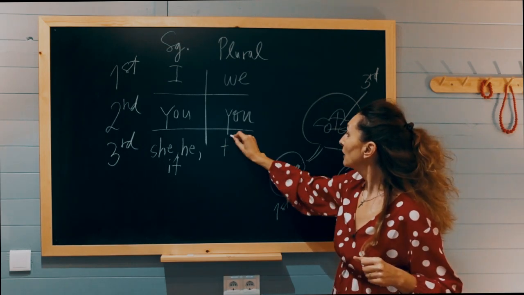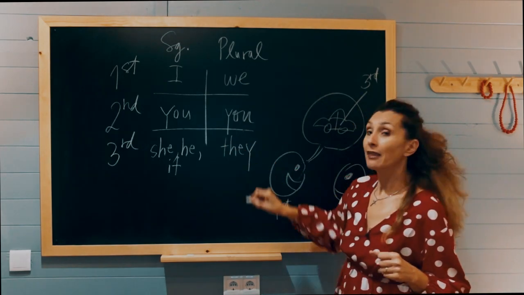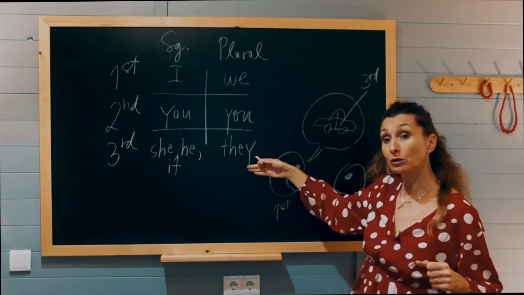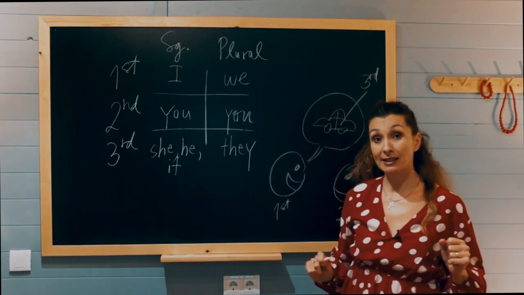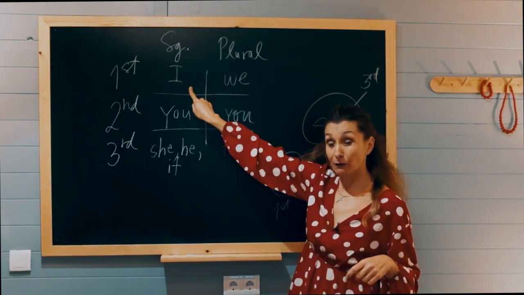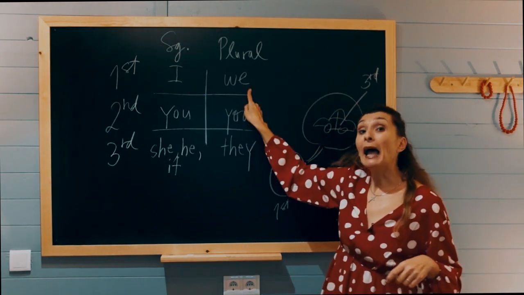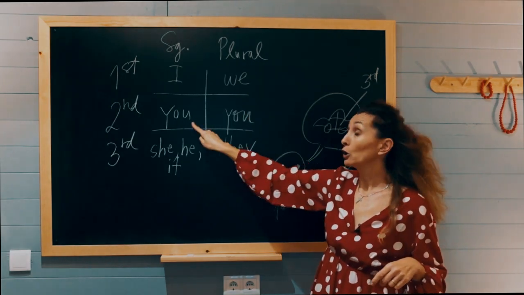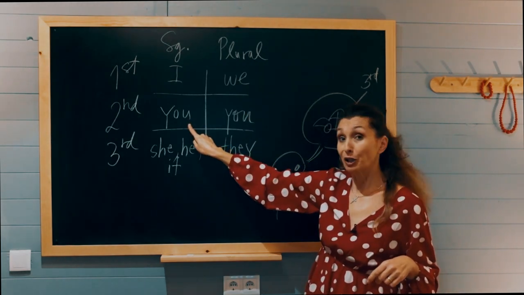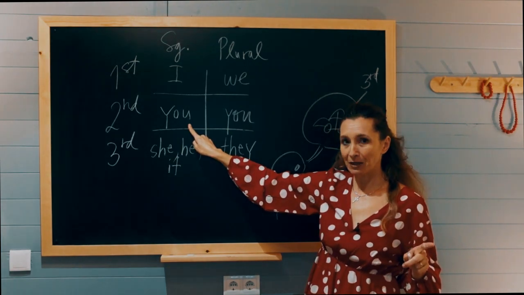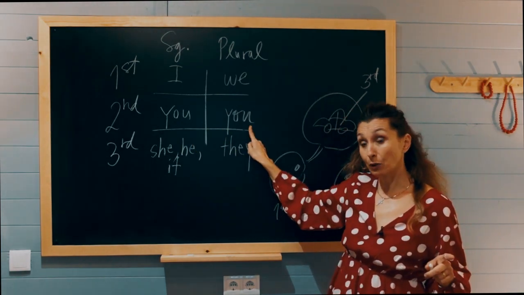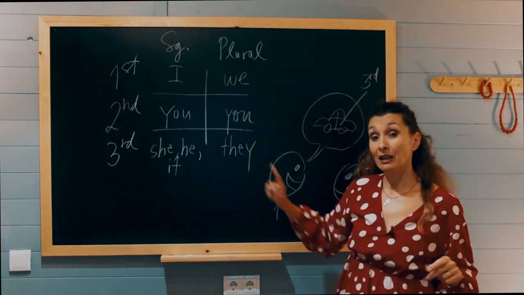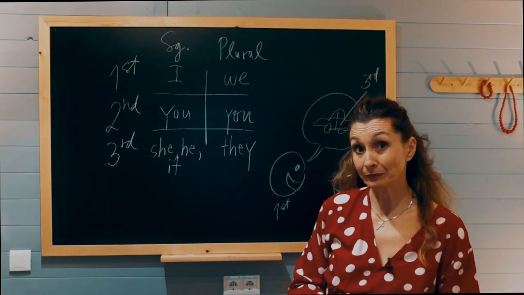In which case, it's they, okay? So here we have plural, here we have singular. I is first person singular, and we is first person plural. You, this you, is second person singular, second plural, third singular, and third plural, okay?